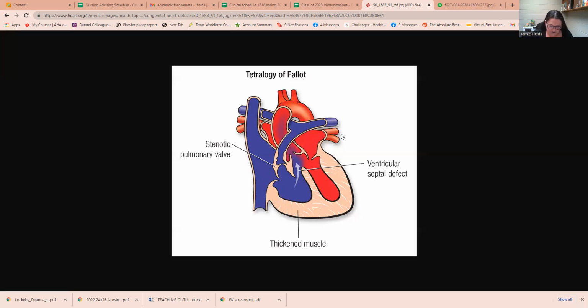The shunt, usually this is a large enough defect that the pressure is equal in these ventricles. So even though we expect a lot of right to left shunt where blood can't get through here and so it moves over to the left side, they actually can shunt either way. They can have some left to right shunting and it can go back and forth, okay?